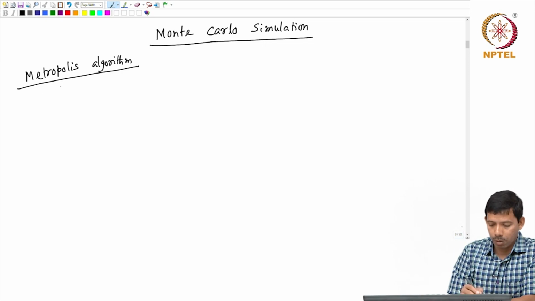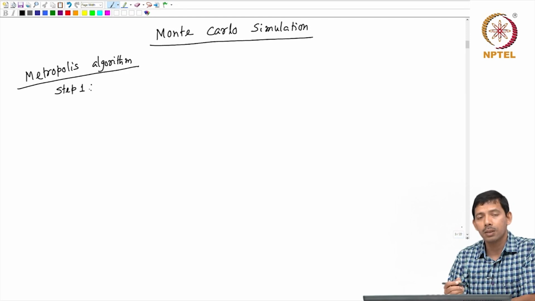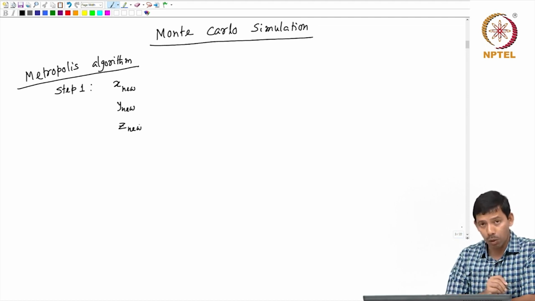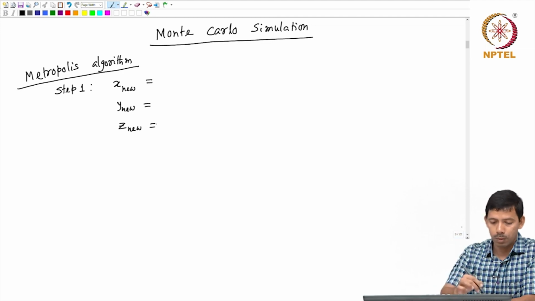So, in Metropolis algorithm, as I said, there are important steps. In step 1, I will generate a new set of coordinates of my system randomly using random number generator. So, if x new, y new and z new are the new coordinates of ith particle, I will obtain x new, y new, z new from my old conformation.